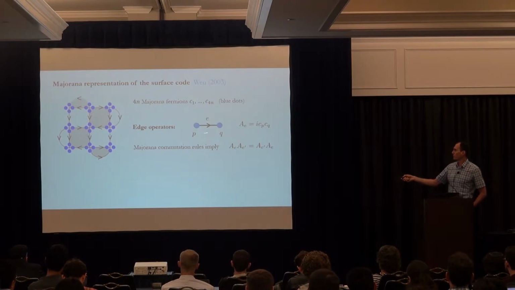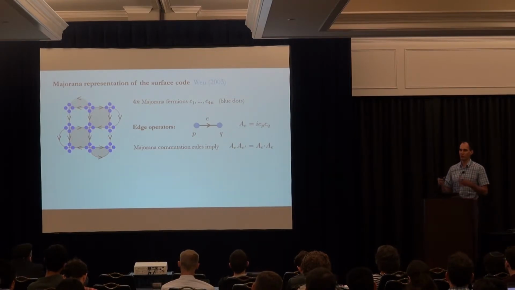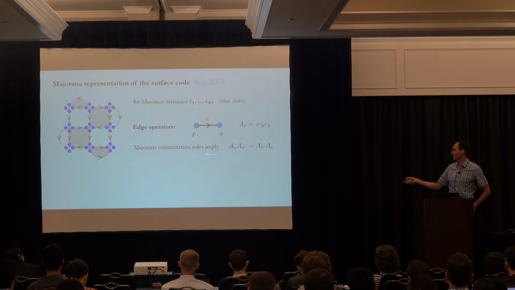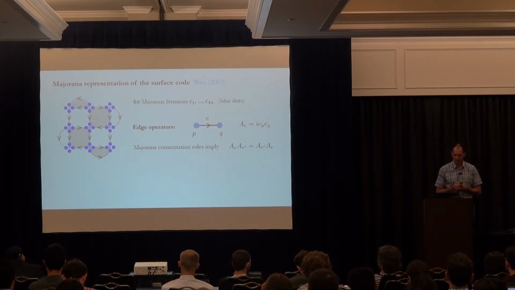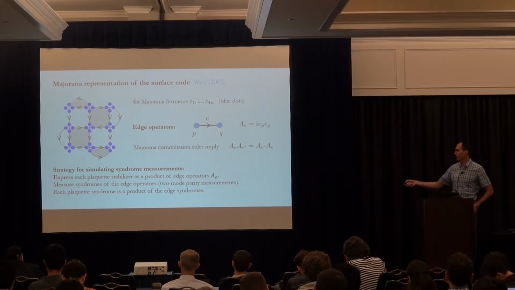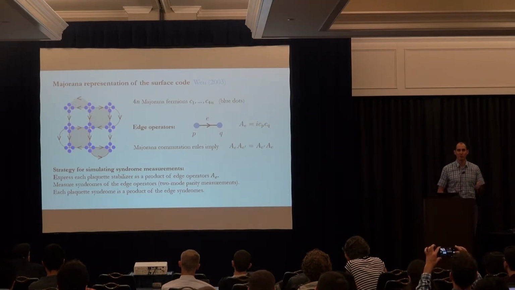Now, if you look at this picture, you can see that all H operators are disjoint, so they act on different pairs of Majorana modes. And then this implies that all H operators pairwise commute. So we are going to use this strategy for simulating syndrome measurements of the surface code.